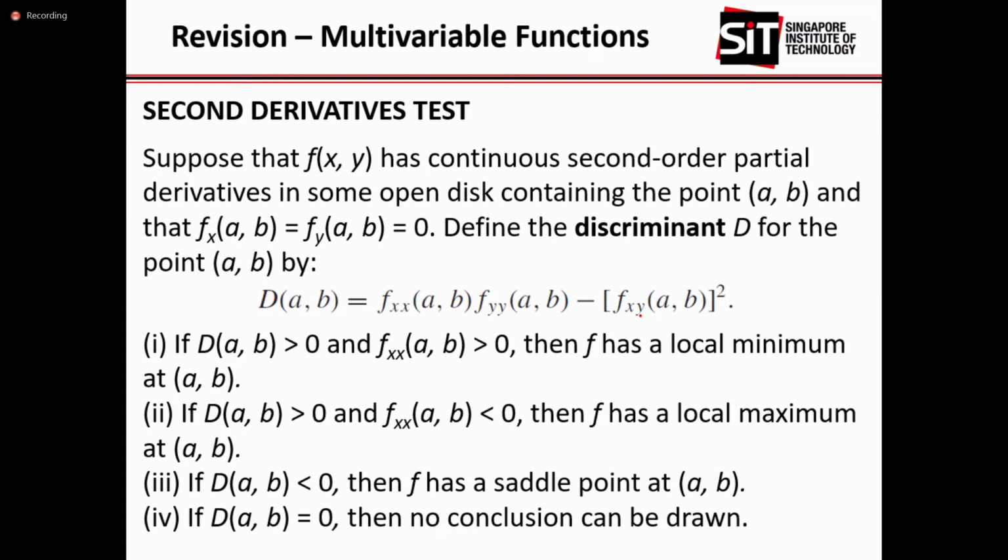If the discriminant is negative, then the function will have a saddle point. And finally, if the discriminant is equal to 0, then we cannot determine what type of critical point that is.